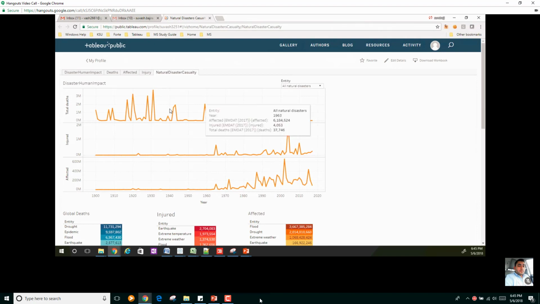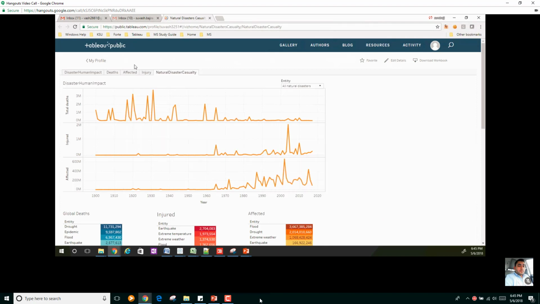I kind of got them separated based on the affected number of people. What that means is how many people needed emergency assistance or basic needs and things like that, how many people were injured in an event, and the total number of deaths in an event. So you can see here, this is the combination of all the natural disasters.